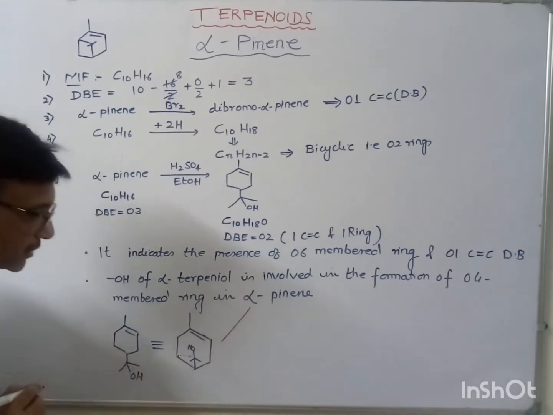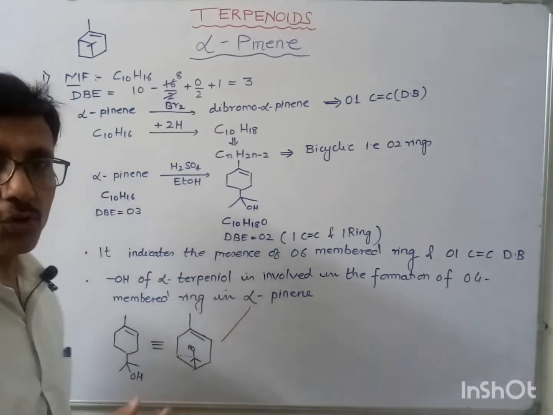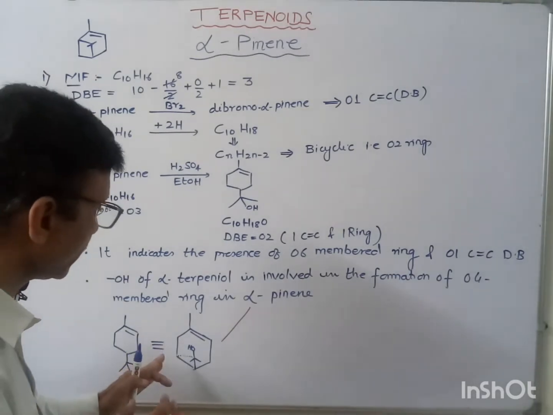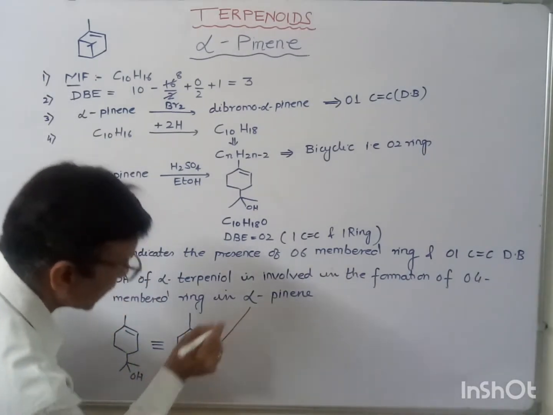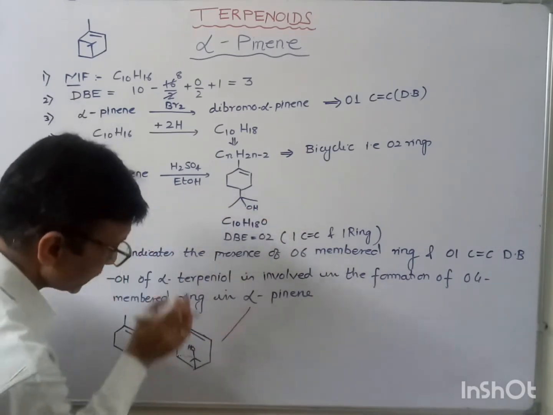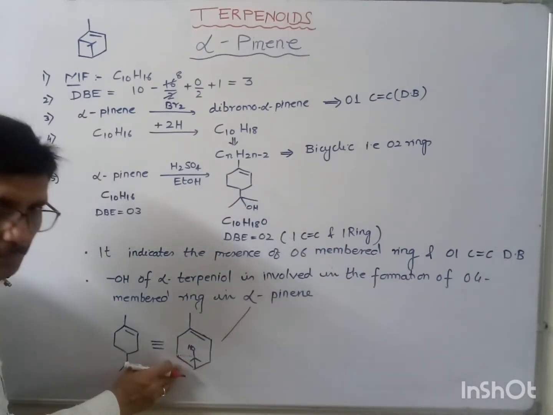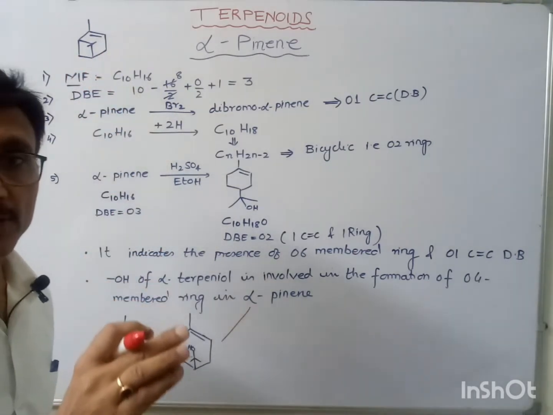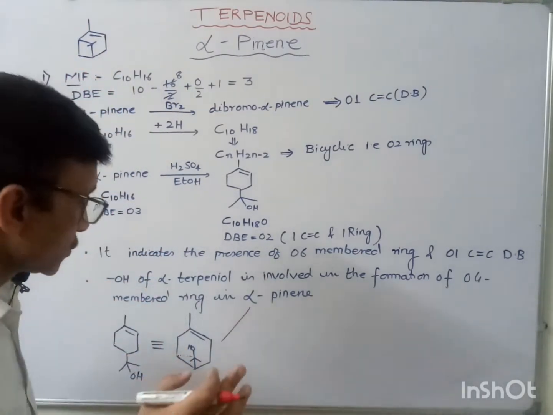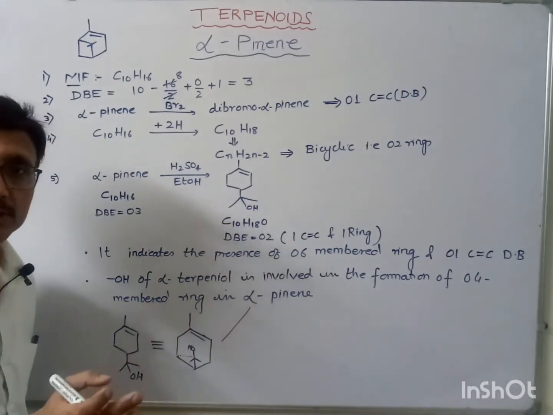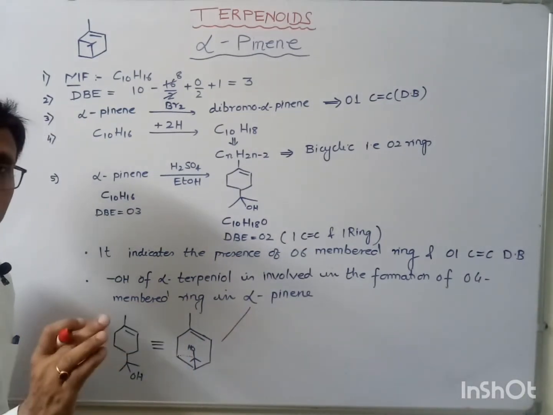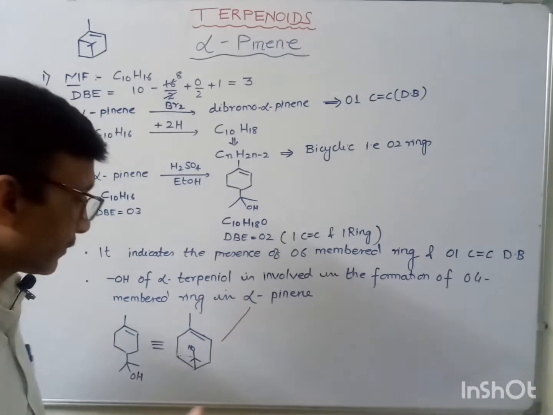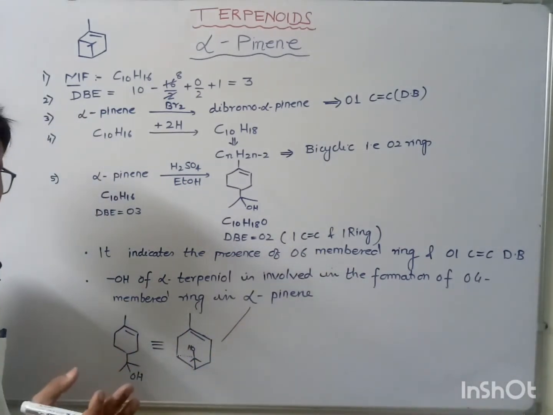As this is a bicyclic, the second ring can be formed. I am not talking only about the possibility of a 4-membered ring. This OH may be involved in the formation of a ring, and it may be either 4-membered or 3-membered. So let's see which is correct.